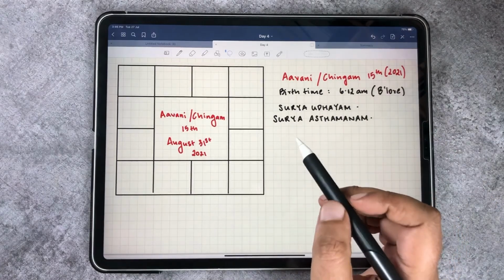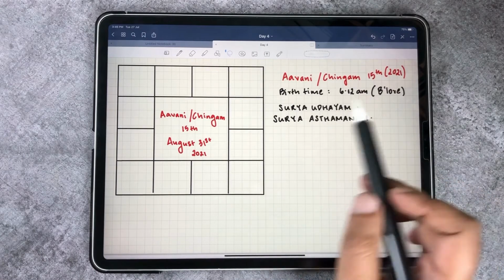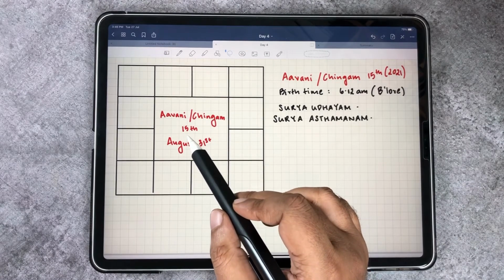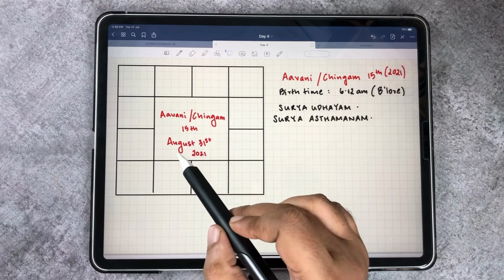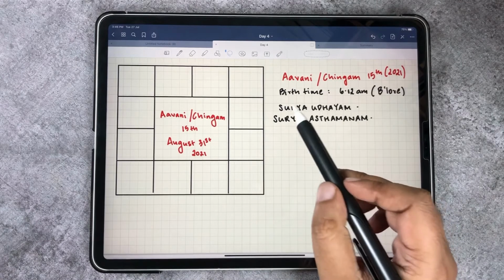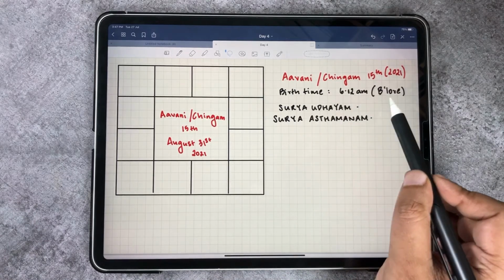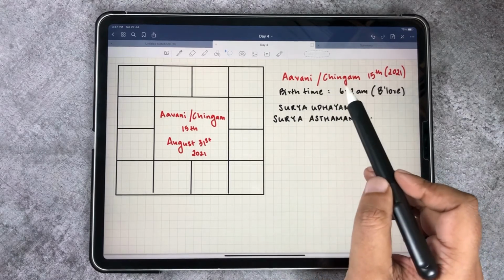So let's say a child is born in Bengaluru on the month of Avani or Chingam. The date would be 15th, that is the regional date, not the English date. The English date would be August 31st, 2021. The time of birth of the child is 6:12 a.m. in Bengaluru. So now in the month of Avani or Chingam, where would the sun be?